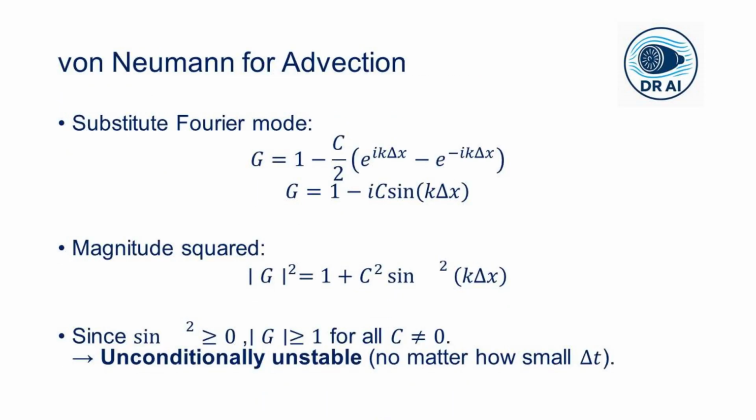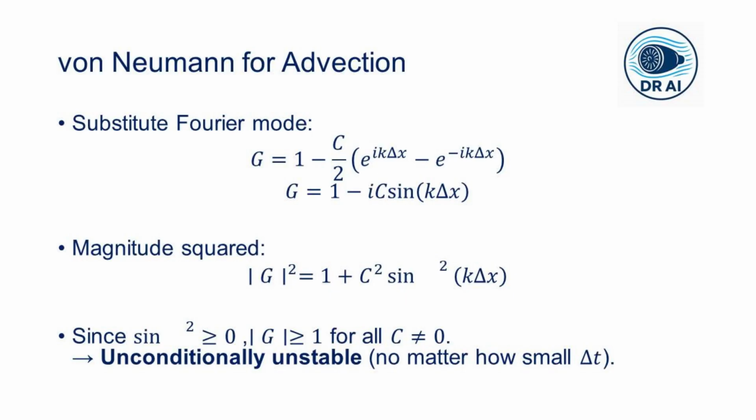So moving on to the von Neumann stability analysis for the advection scheme that we are discussing. We perform the von Neumann stability analysis again, inserting the Fourier mode as u_j^n equals u^n times e^(ikjΔx) into the advection scheme and dividing by this particular expression.